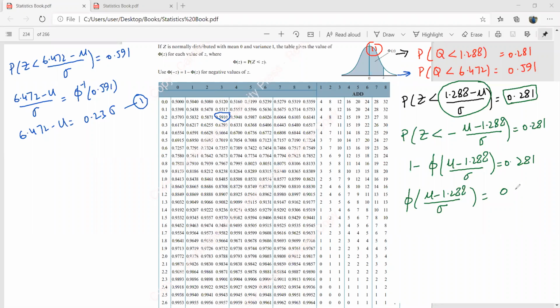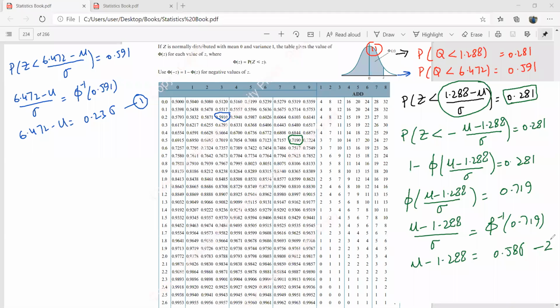So mu minus 1.288 over sigma is phi inverse of 0.719. I can find this value from the table. Let me find where it is, 0.71. Oh, it is exactly found here. This one is 0.58. So mu minus 1.288 is 0.58 sigma. This is your equation number 2.